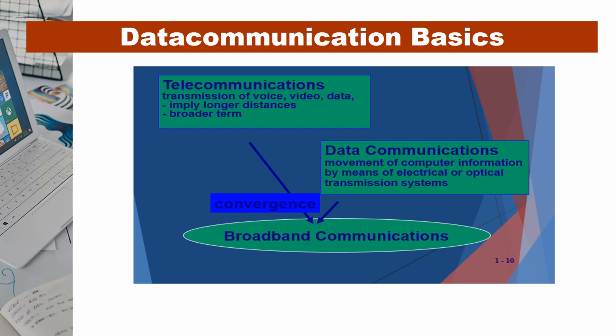Data communication is the movement of computer information by means of electrical or optical transmission systems through a communication channel. Broadband is high-speed data transmission over a wide band.